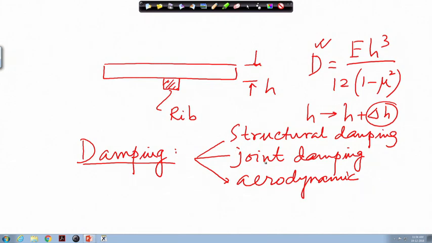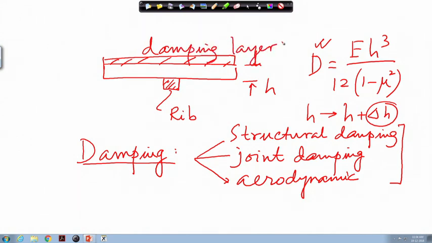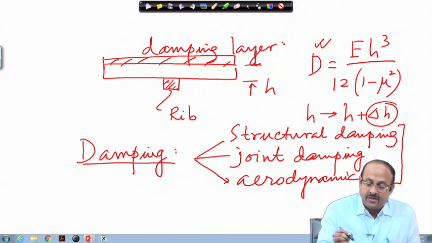But these are not very effective choices for increasing the damping of the structure. What we can do is attach a damping layer over the PCB. This damping layer actually enhances the damping of the system.